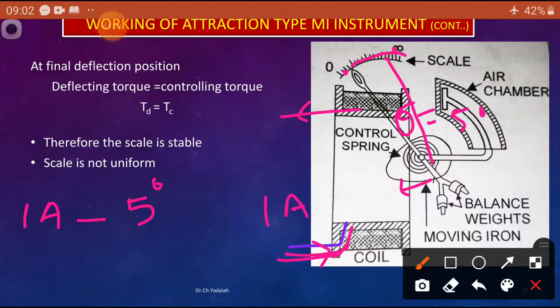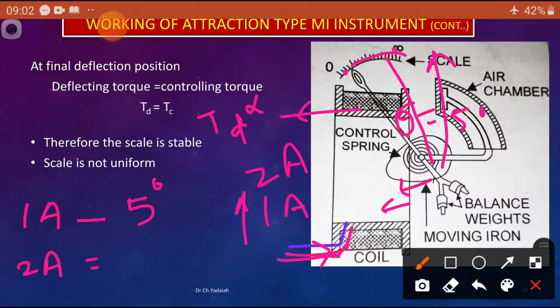Now the current is increased to 2 amperes. As you know, it becomes a strong magnet, it tries to attract further inside. Then the deflection will move further. At 2 amperes, what will happen? What is the angle? We know Td is equal to Tc, and Td is directly proportional to the square of the current.